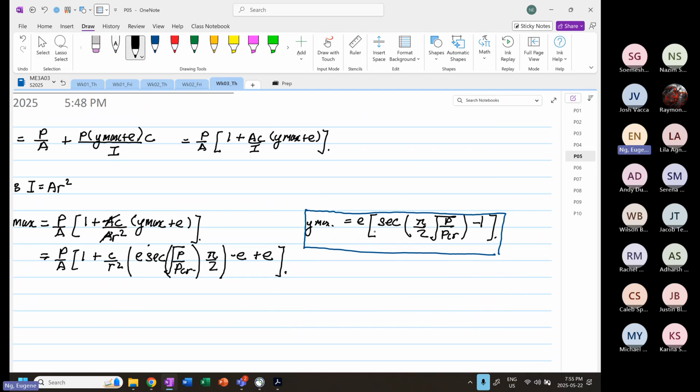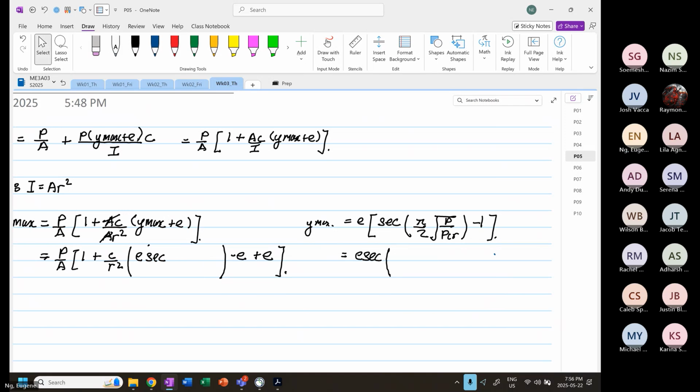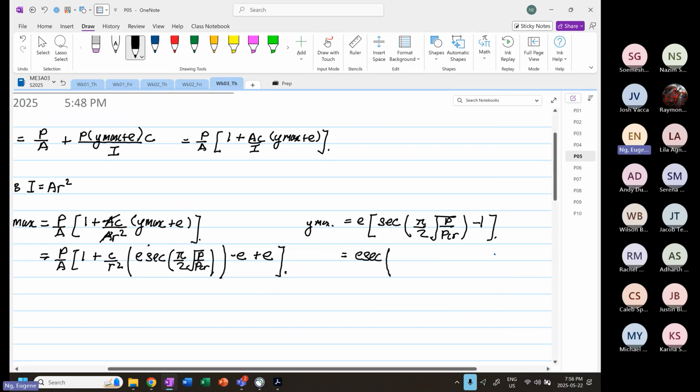I brought the E back in because if you look at this equation on its own, this is equal to E secant pi over 2. Oh, sorry, the pi over 2 is inside the bracket, I do apologize. So this is pi over 2 and square root P over PCR, close bracket.